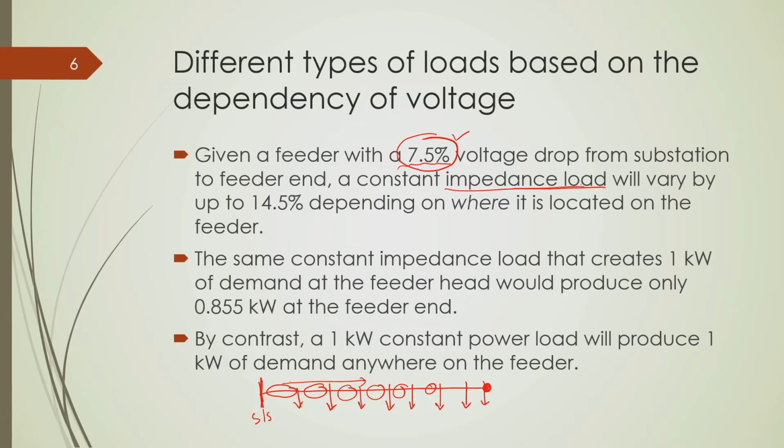If they have a certain voltage drop, let us say 7.5%, and they have a constant impedance type of load whose power demand varies proportional to the square of the voltage, then they will experience about 14.5% variation of their power demand due to that voltage drop.